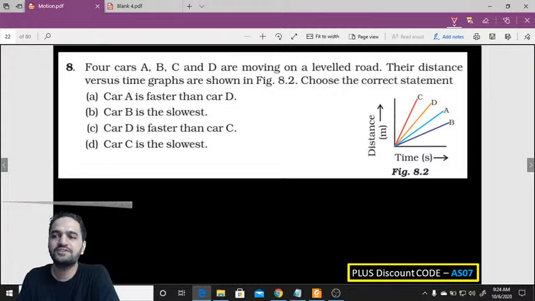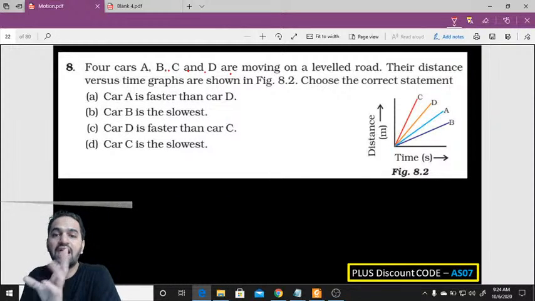Question number 8. They have said there are 4 cars A, B, C and D moving on a level road. Their distance versus time graph is shown. They are asking which car is fastest and which car is slowest. Now can you tell me which is the fastest car?